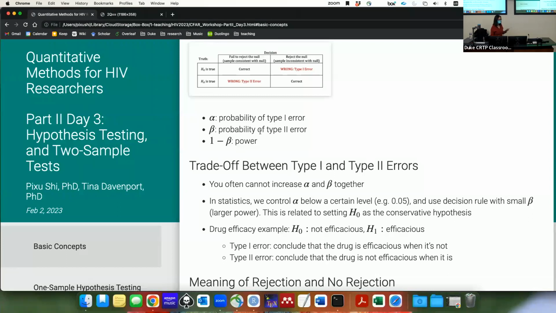There's no way that you will not make any error if your data has randomness in it. And you will either make type 1 error, type 2 error, or both. There's a trade-off between those two. And the compromise that we make is to make sure alpha is under 0.05, and beta we will try to make smaller. The power we will try to make larger.